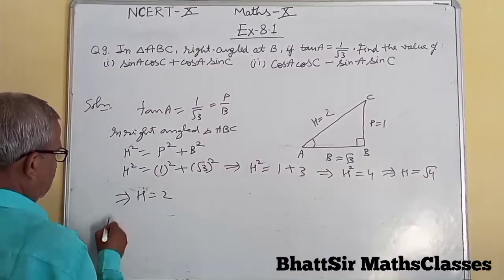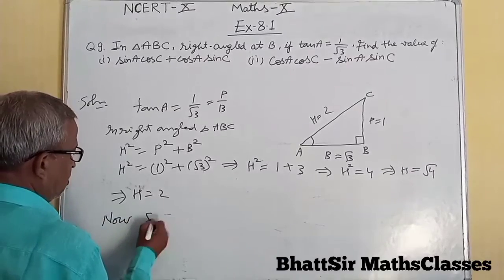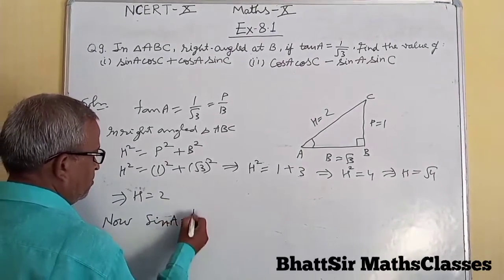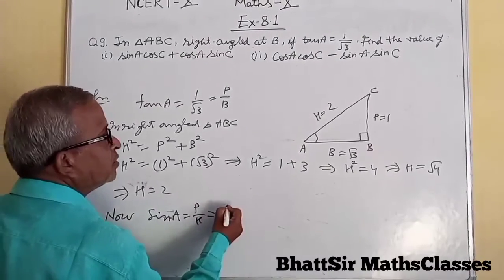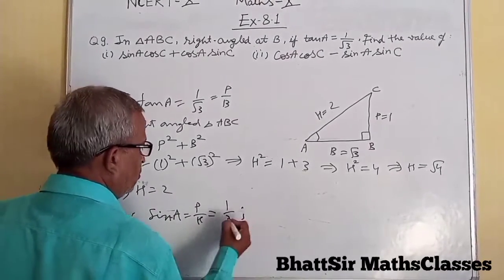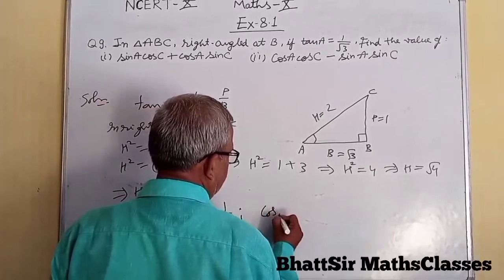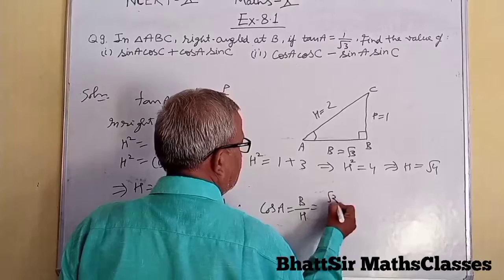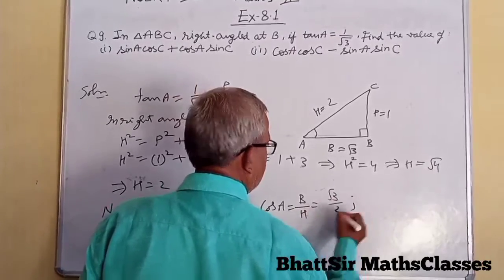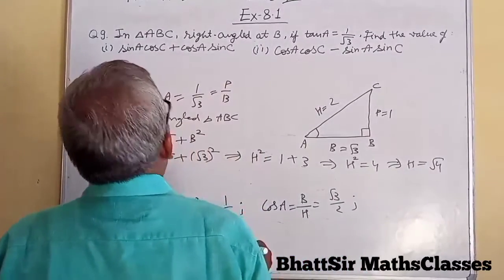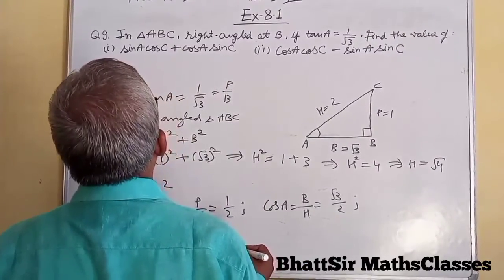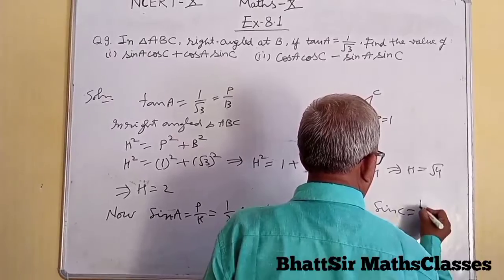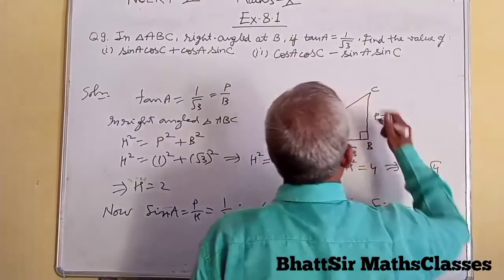Now sin A, perpendicular over hypotenuse, 1 upon 2. Cos A, base over hypotenuse, under root 3 by 2. Sin C, perpendicular over hypotenuse.